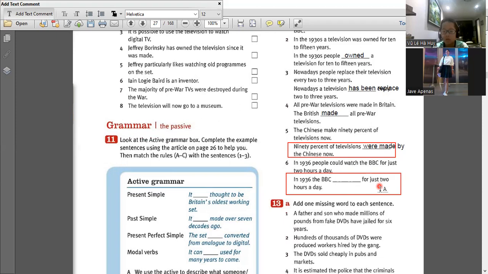We're going to change the phrase "people could watch" into another phrase. So in 1936, the BBC, another word for watch.